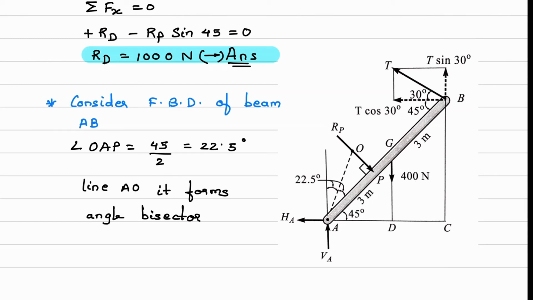So in triangle OAP, I can write down tan 22.5 is equal to opposite side, which is OP, upon adjacent side, which is AP.